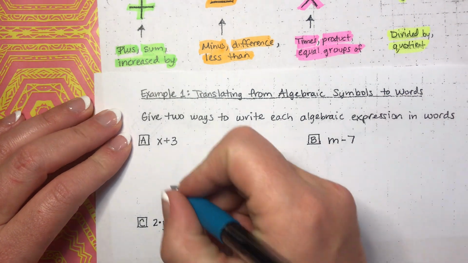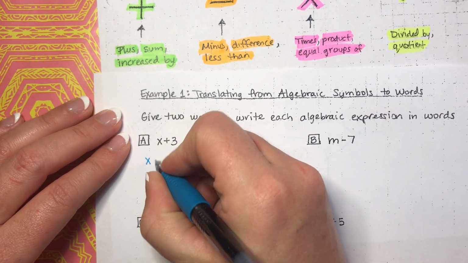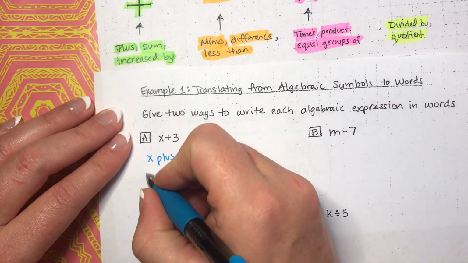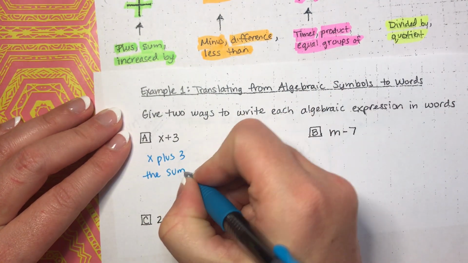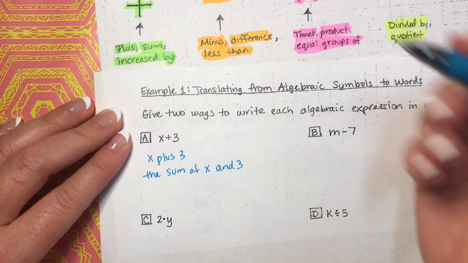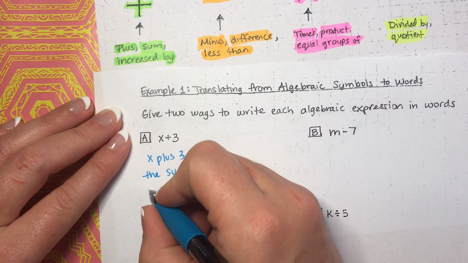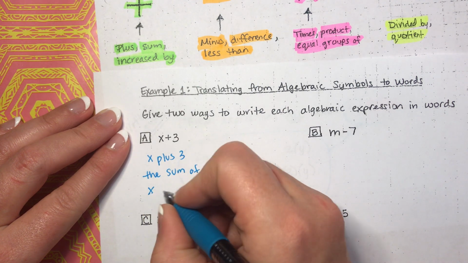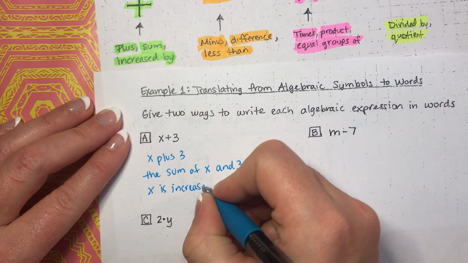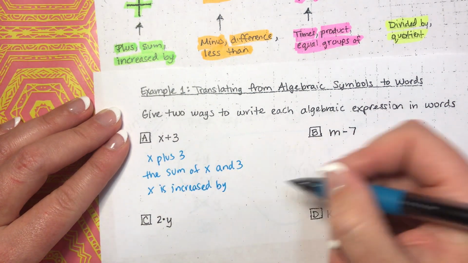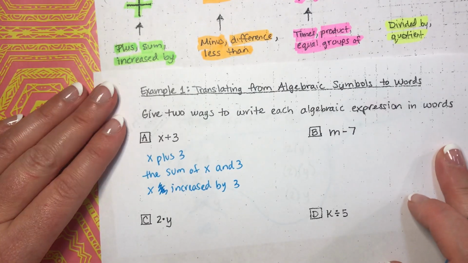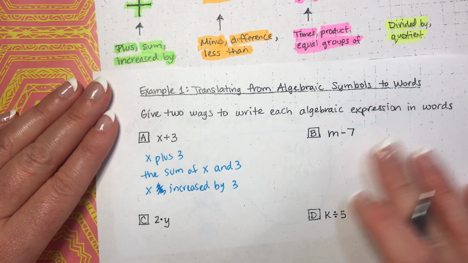So we can say first x plus 3, or we can say the sum of x and 3, or if we wanted to do an extra, we could say x is increased by 3, or x increased by 3. Just say x increased by 3. Okay, perfect. Let's move on to the next one.